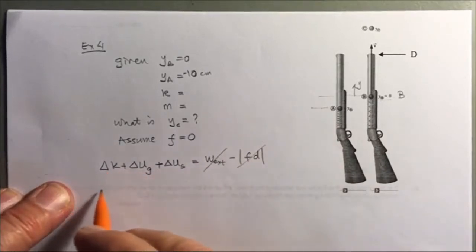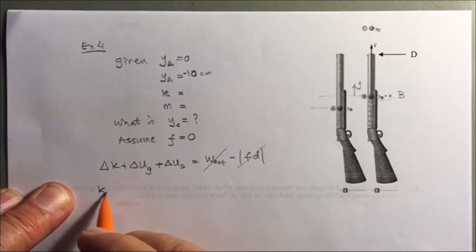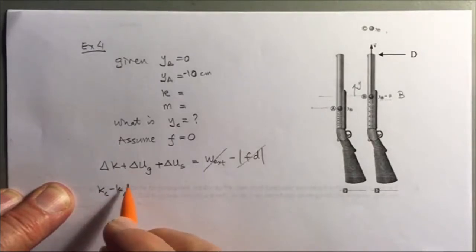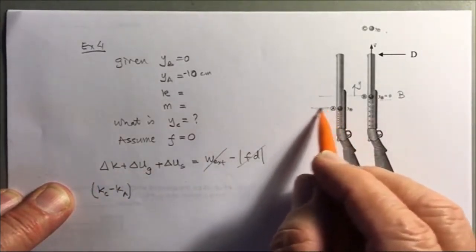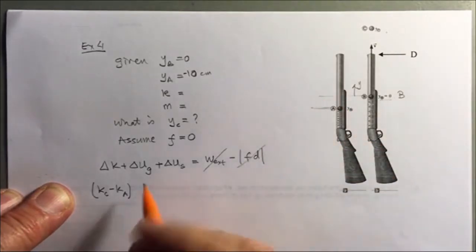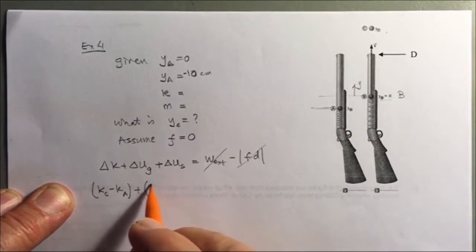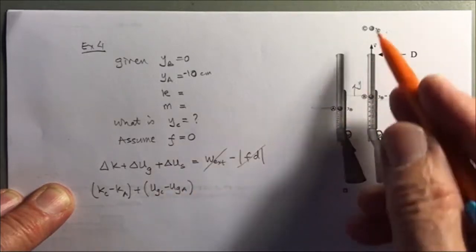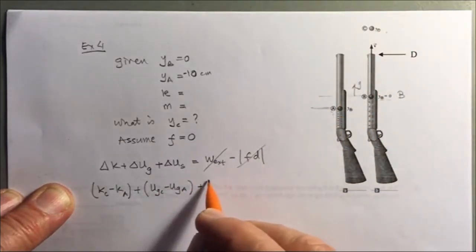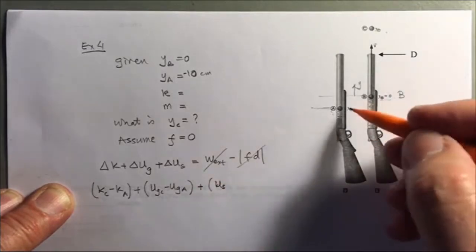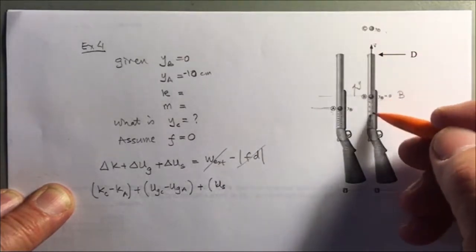Now the delta K would be the K final, which is C, that's our final position, minus K at A, which is our initial position, starting from here, because we pull the trigger here, then it shoots up, plus the UG at C minus UG at A, that will be the potential energy difference between these two, and then the U spring at B, well, the spring is not going to go all the way up to here, so the spring is going to stop at here.